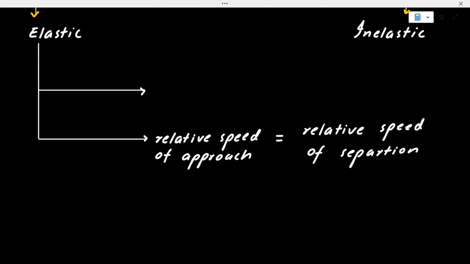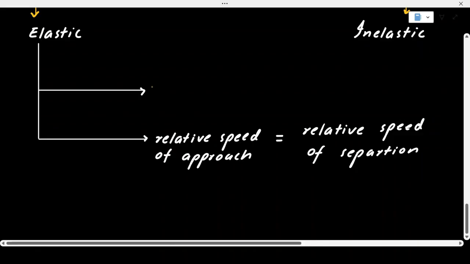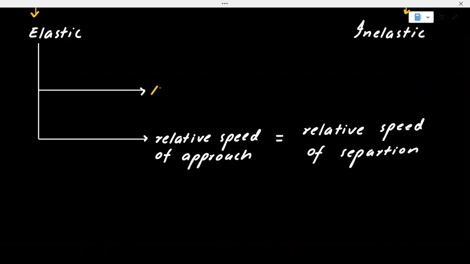Yeah, there was another one. Kinetic energy before the collision equals the kinetic energy of all the objects after the collision.